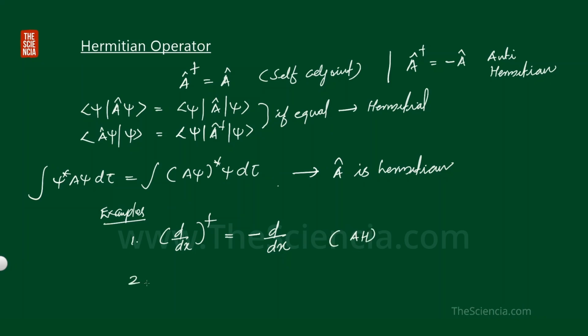Second one, del dagger. We know what the del operator is: i dou by dou x plus j dou by dou y plus k dou by dou z. So this is nothing but d by dx, d by dy, right? We know d by dx dagger is minus d by dx. Therefore, this will be equal to minus del. So this one is also anti-Hermitian.